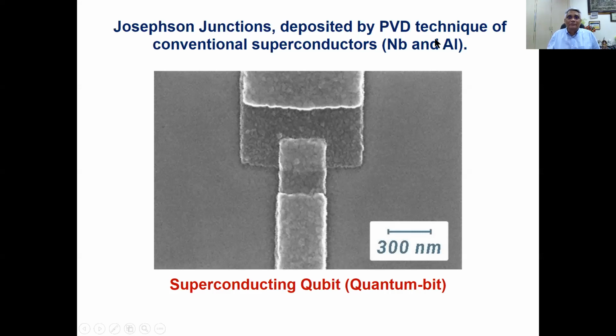Deposited using physical vapor deposition technique to fabricate superconducting qubits, quantum bits. You see the wide range of applications of just one superconducting system itself, all the way from superconducting qubits to low field, high field magnets to superconductors used in microwave devices.